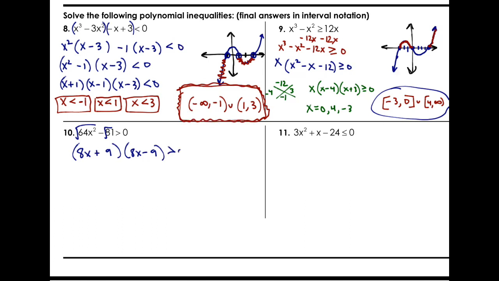It's greater than 0. So then you set both of these equal to 0 and solve. So minus 9 cancels.